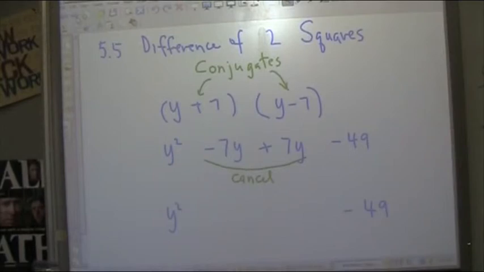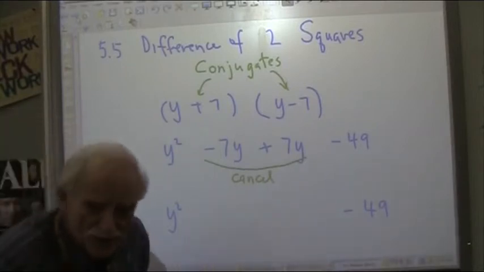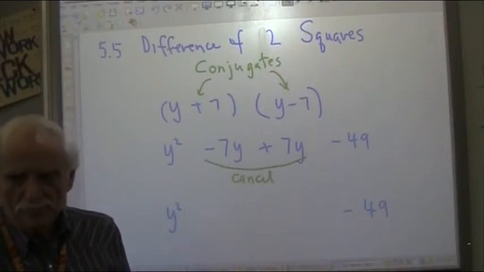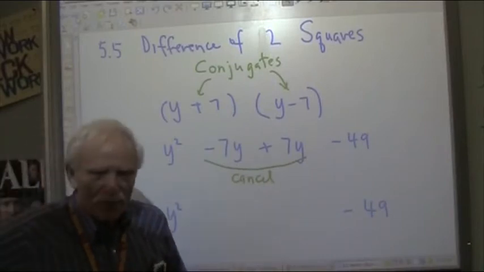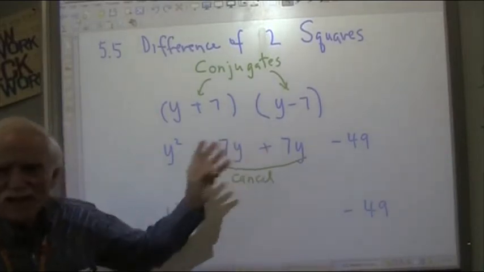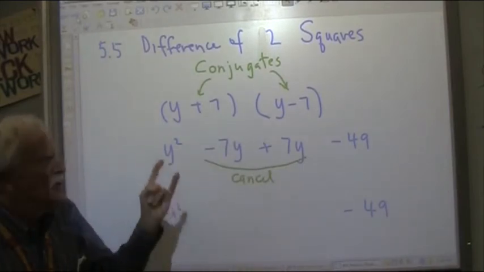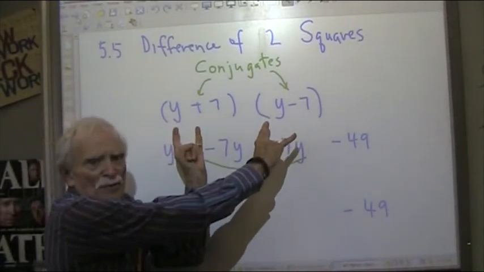For our homework, do we need to show this step in the middle? Ask the question again, Emma. When you have the two terms that cancel, do you have to write that out? No. When you have those two terms that cancel, you don't write them out. What you do is your observation from the beginning.